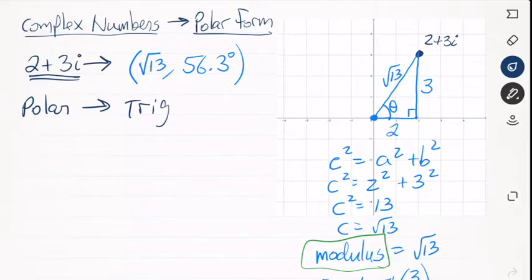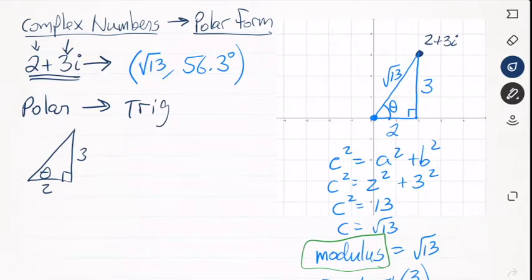So if I look at my picture again, and I'm just going to draw a little sketch here. And I know what theta is equal to, and I know this side is 3, and I know this side is 2. So remember, 2 up here was the x-axis moving 2 to the right, and the 3 up here was going along the y-axis, 3 up on the imaginary axis.